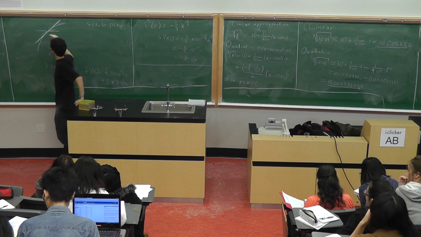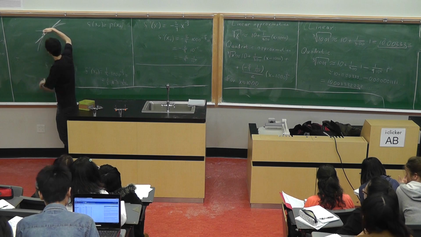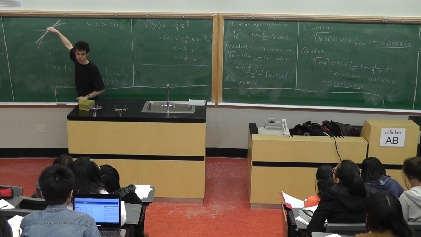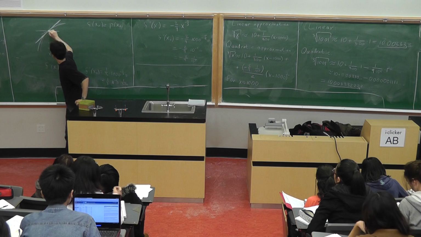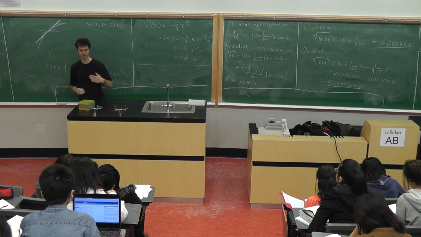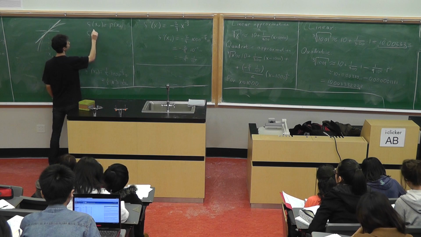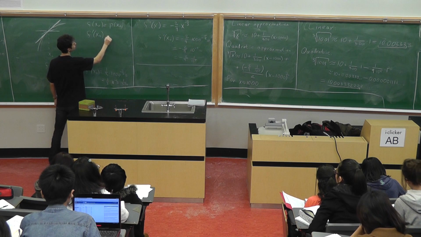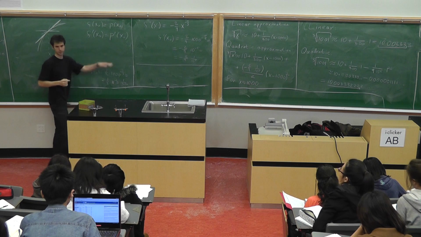I still want the condition that whatever shape I get should have the same tangent line. So I still want both of them to be increasing at the same rate. That condition is, the slope of my function at this point is the same as the slope of whatever shape I'm using.